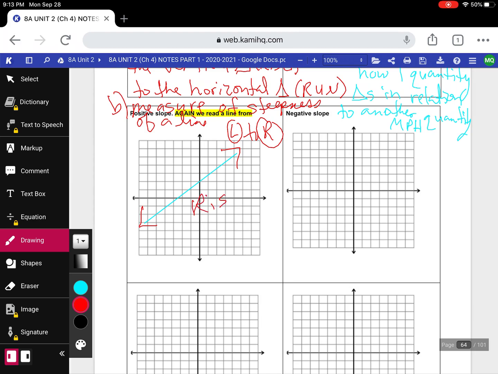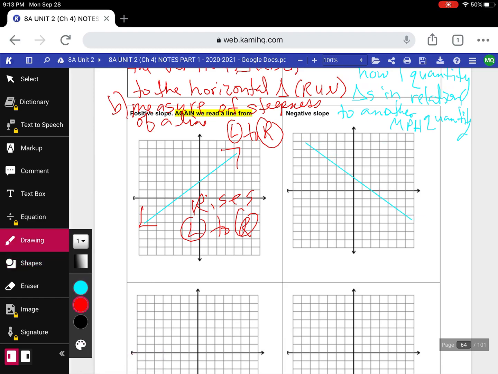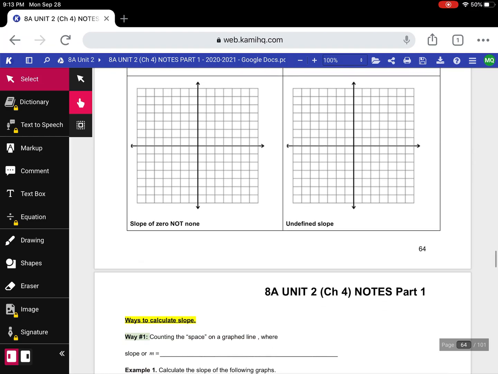It rises from left to right. On the other hand, if we have a negative slope, it's something like this, and if you read it from left to right, it falls. Falls from left to right. And that's the difference. And again, make sure you're always reading those graphs from left to right.